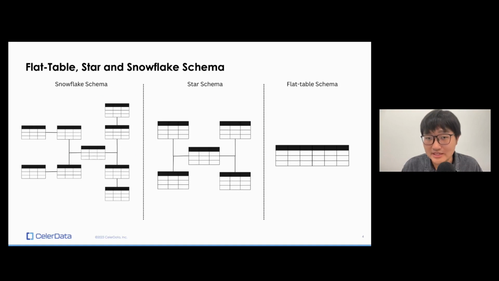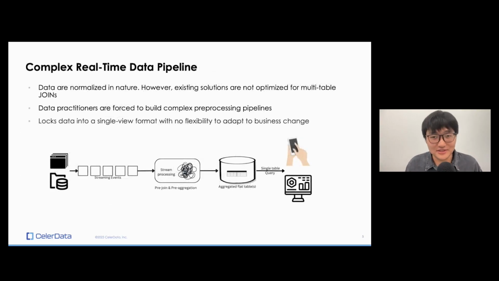In a multi-table format, like Snowflake or Star Schema, right? And it wasn't that long ago that that stopped being the case, because a lot of the real-time OLAP databases simply do not do joins very well, or they didn't even have joins in mind when they designed and implemented the system, right?